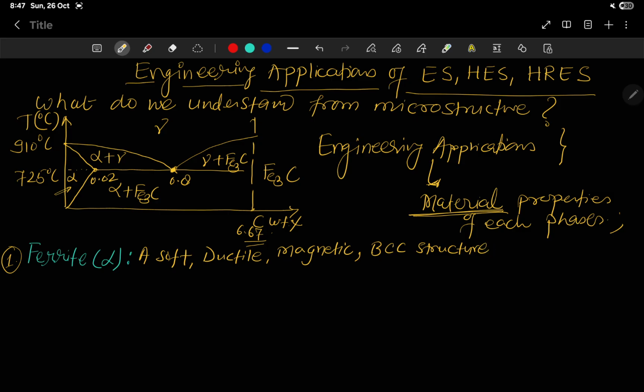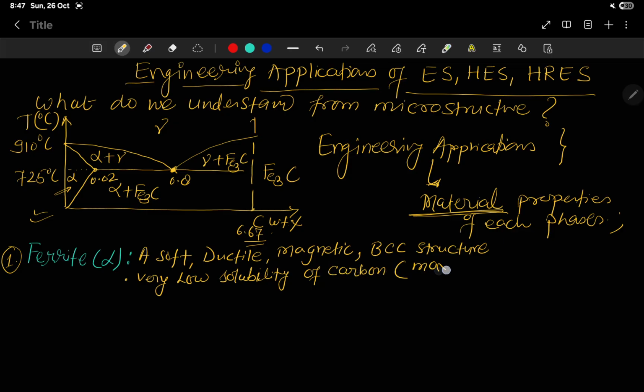And in alpha ferrite, you can see from this diagram, we observe very low solubility of carbon.